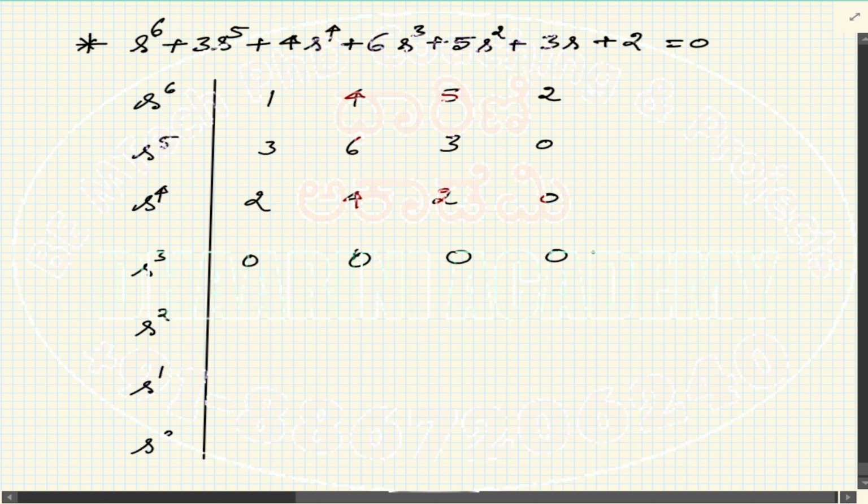Okay. So we got all zeros. So consider the equation above this. That is 2 times s to the 4 plus 4 times s square plus 2 equal to 0. So this is the equation. Differentiate.